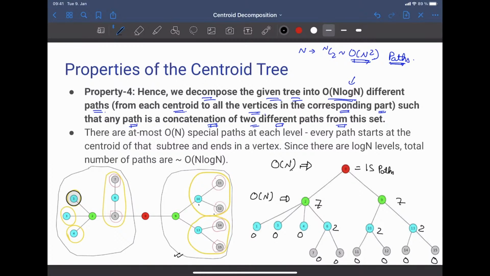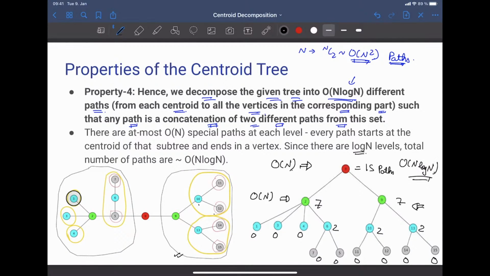And every level has at most order n nodes, because the total number of nodes in your tree is order n. However you keep decomposing the tree, at any level, the total number of nodes that you process will be order n. So the total number of paths that you process at any level will be at most order n. Since your tree has log n levels, the number of paths you process in total are n log n.